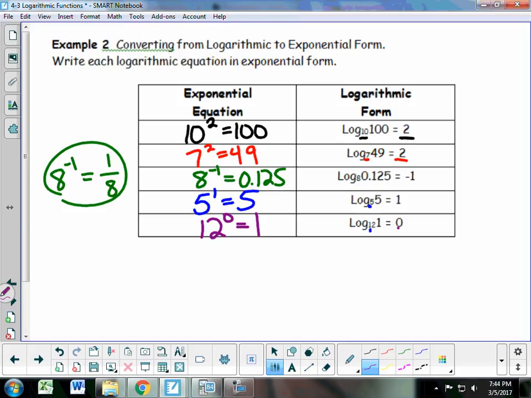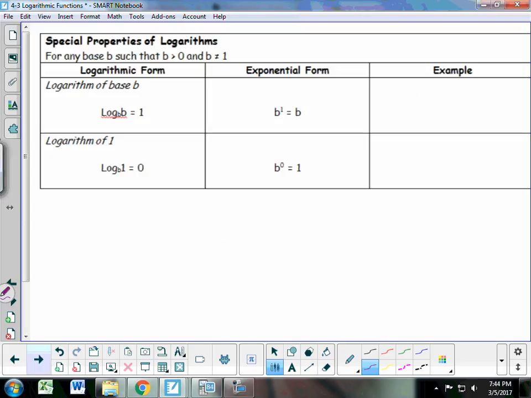So there are some special properties of logarithms that we're going to take a look at here. When your base and the exponential answer are both the same, so log base b of b is always going to equal 1. Because when you convert that, that means b to the first power is equal to b.